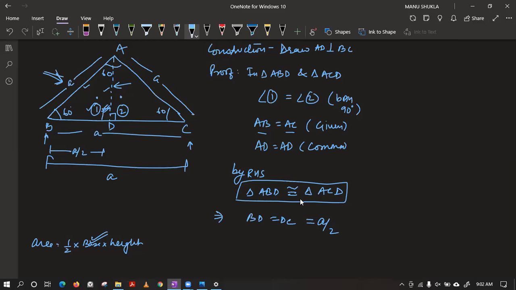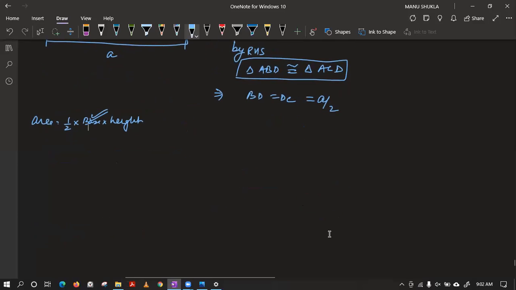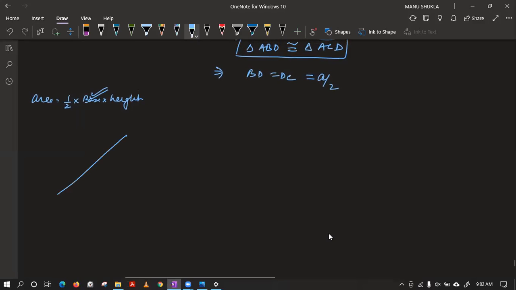So let's look in triangle ABD only, the half portion. So we have got this as A by 2, this as A. Still one thing is missing, class. Still this height is missing in the question. What to be done for this?